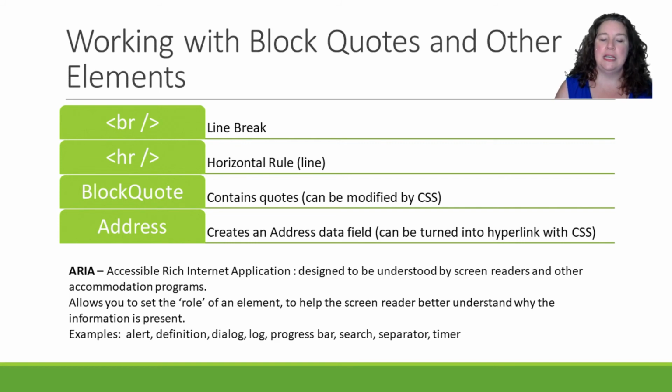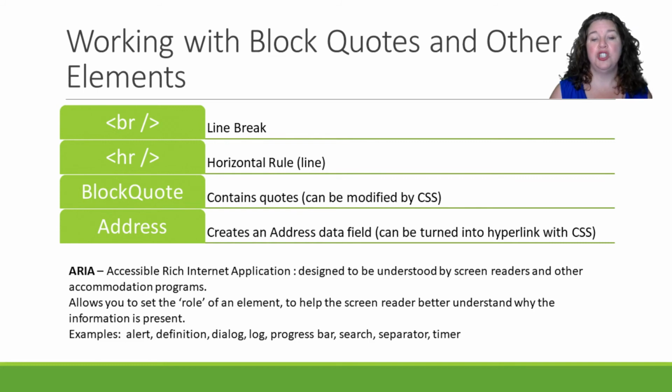One of the things to keep an eye on is what we call an accessible rich internet application, or ARIA. And this is designed to be understood by your screen readers or other accommodation programs. When you go through and design your website, you want to make sure that it is universally available to anybody, even if there are certain accommodations that they need. To do that, you can set the role of an element.